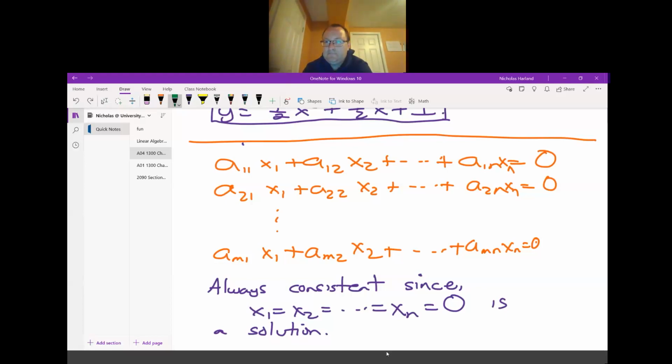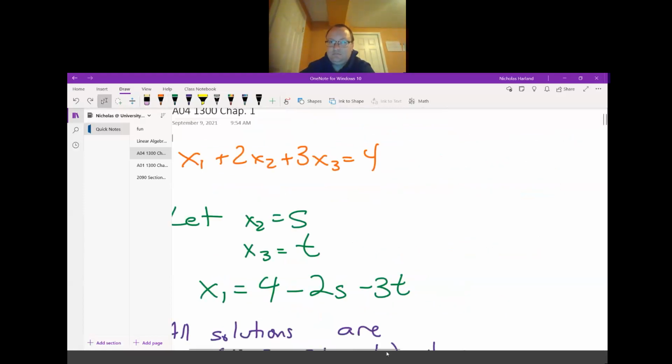Right. What if it's not homogeneous? Are we still guaranteed infinitely many solutions? Are we still guaranteed a free variable? I mean, in theory, we're still guaranteed a free variable, but what could go wrong if it's not homogeneous? Right, there could be no solutions.